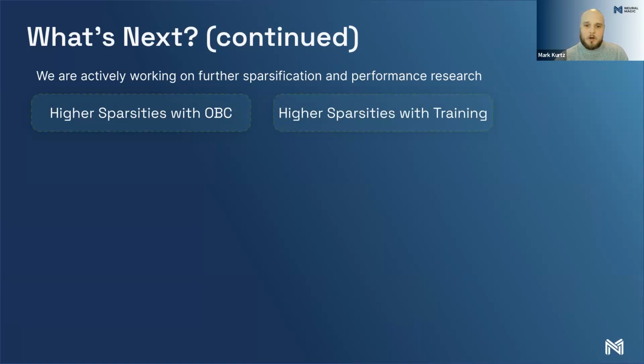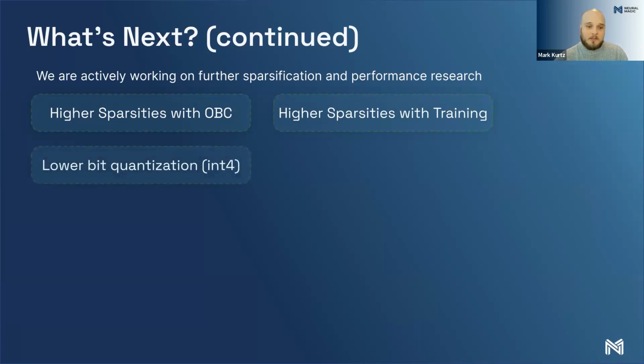So we already have some early research that shows after applying the OBC algorithm, so after pruning that model, with the lower size models, we do see a little bit of an accuracy degradation, but training for only 2% longer or so, after we've applied that one shot, actually fully recovers the accuracy for those models. So we'll be looking at that and also pushing sparsity significantly higher, ultimately targeting 80 to 90% on these LLMs.